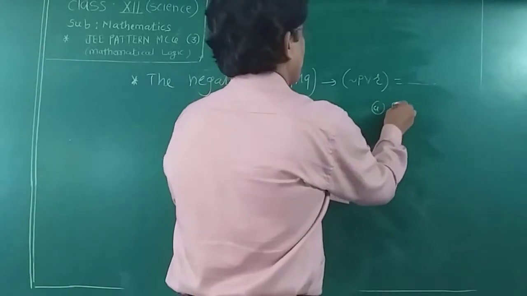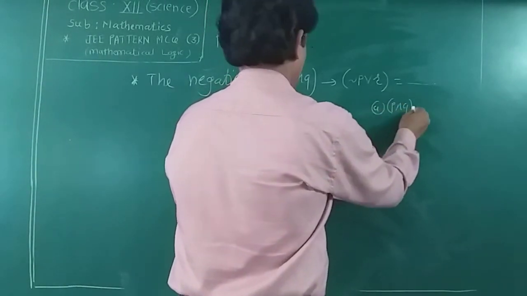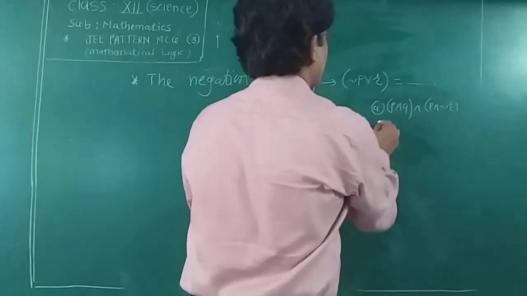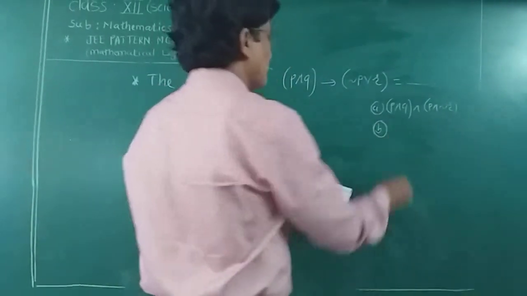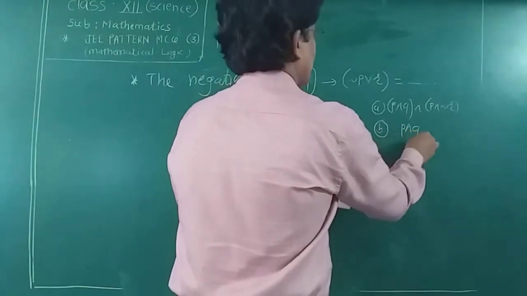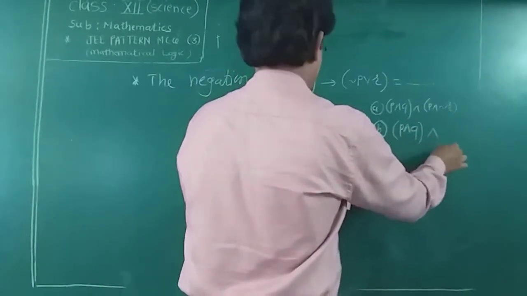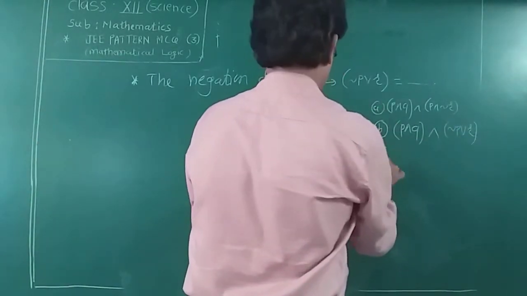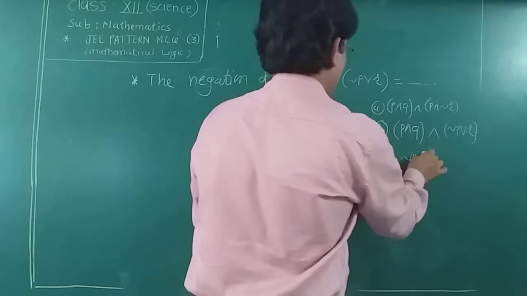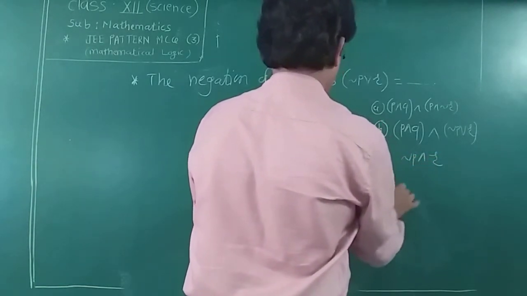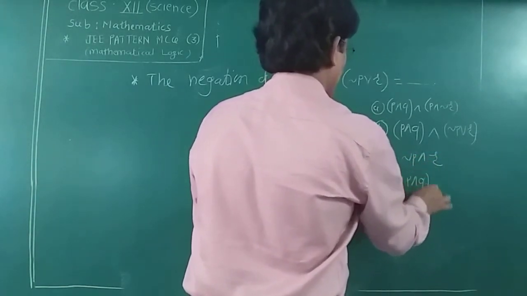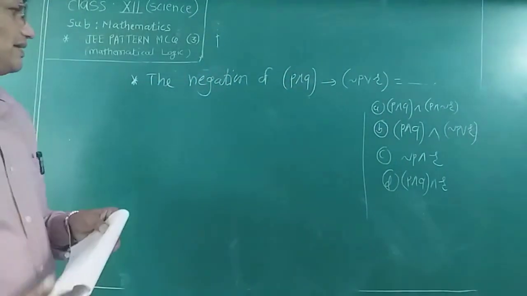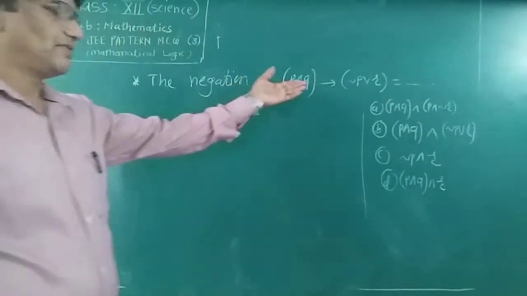First option: P and Q, and P and negation of R. Second option: P and Q, and negation P or R. C option: negation P and R. And D option: P and Q and R. Okay, we have to find the negation of the given statement.